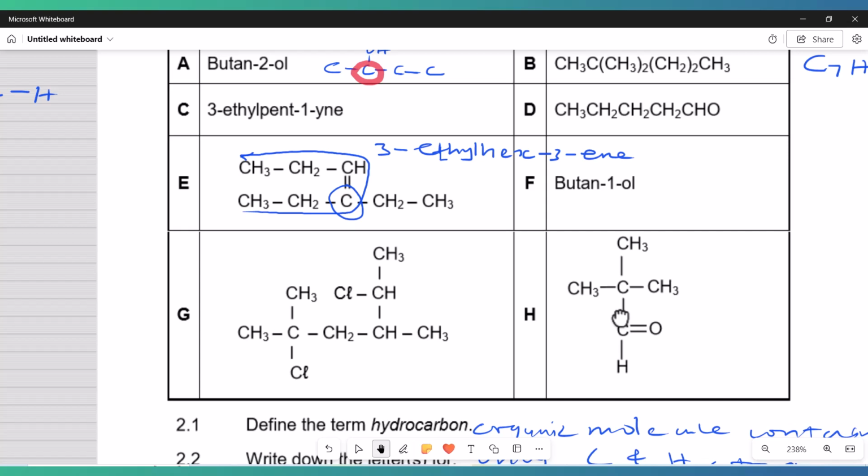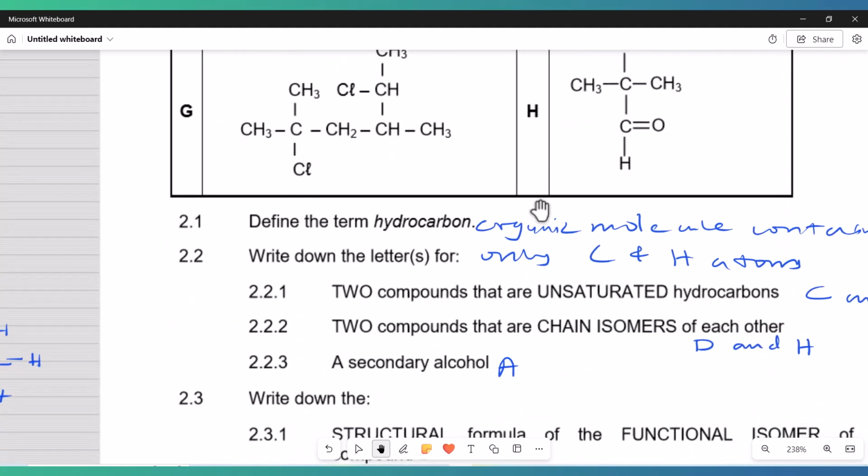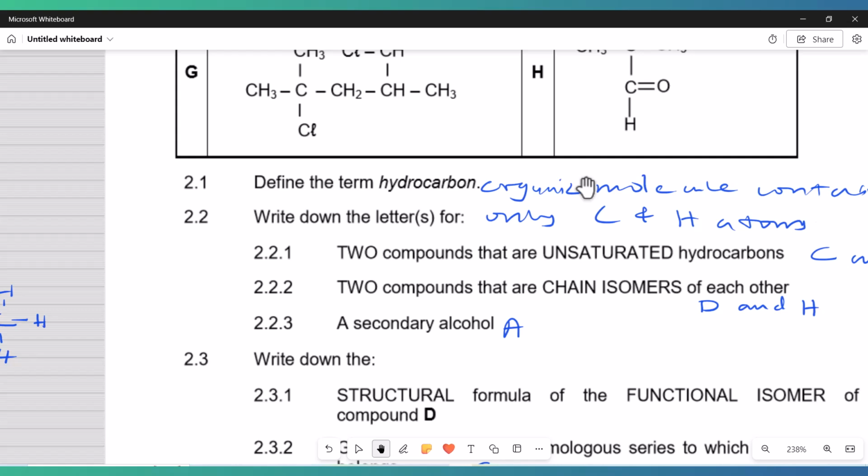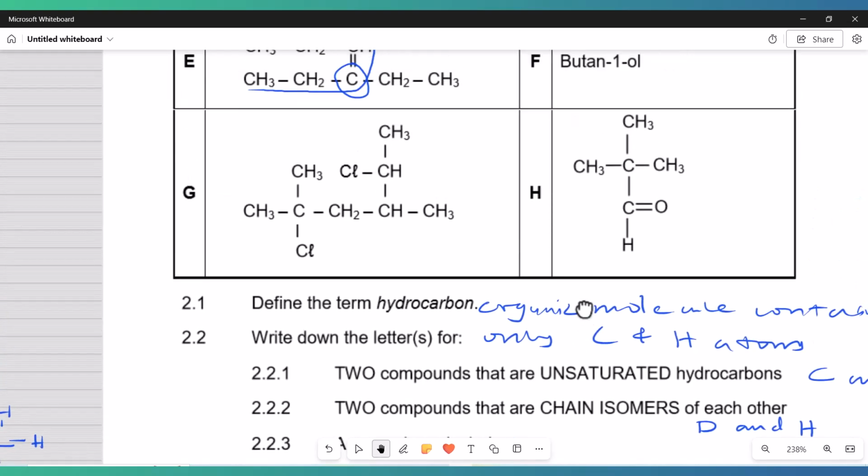Then they say the E and G. Now our G is this one here. If we say this is 1, 2, 3, 4, 5, 6, chloro comes first in the alphabet, so it's going to be 2-chloro. This is carbon number 1, then carbon number 2, 3, 4, 5, 6.